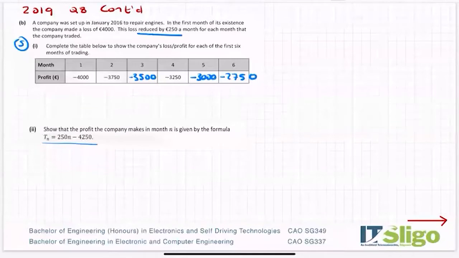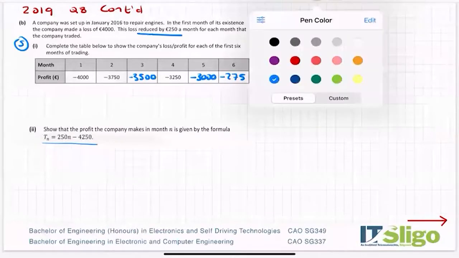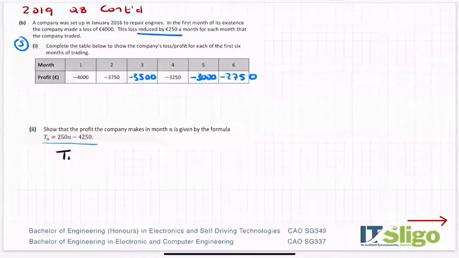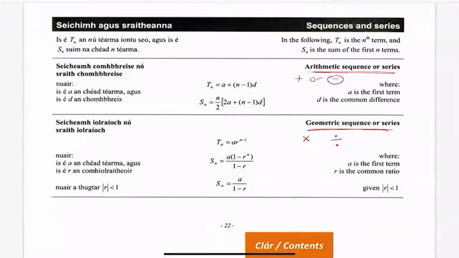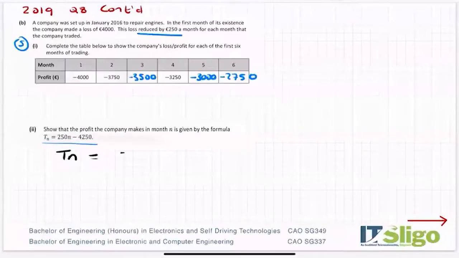n is what they always call the terms. I like to use the Tn formula because I like the structure it gives me, rather than looking at the sequence and seeing if I can come up with it myself. So that's the formula from the log tables: Tn is equal to A plus n minus 1 times d.